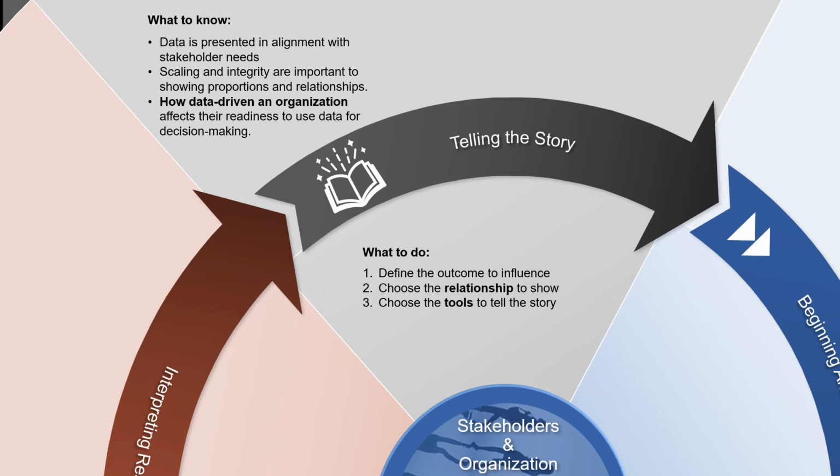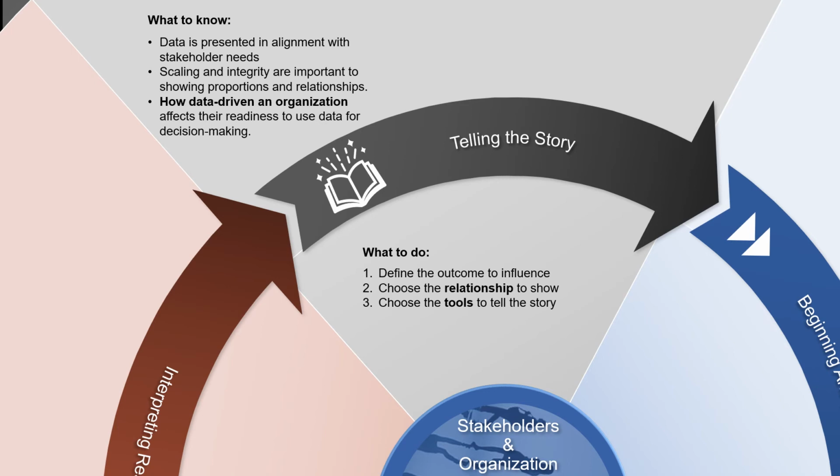Two things are important when presenting the data: scaling and integrity, because that's what shows the proportions and the relationships. And how data-driven an organization is affects their readiness to use the data in decision making, and I'll give a little bit more on that in a moment.